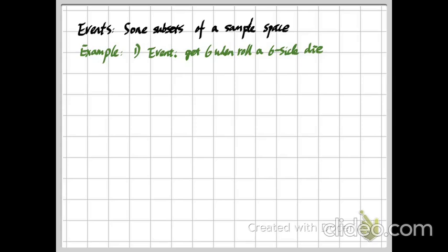So this result is a subset of the previous sample space. And we denote this by capital E. So we say E is equal to only one outcome, 6 here.